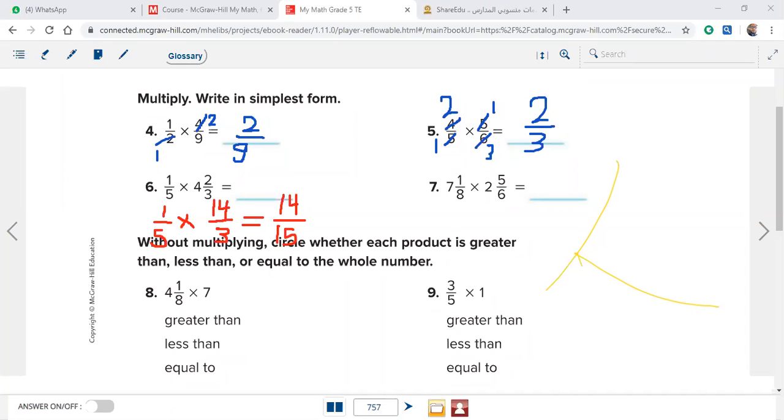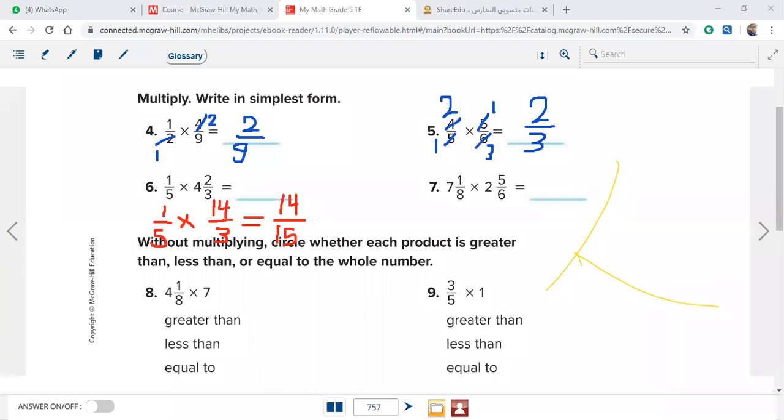Okay, so now I have to simplify before multiplying if there is any common factor. Yes, I found here 6 and 57, both of them divisible by 3. So I can divide 6 by 3 equals 2, and 57 divided by 3 equals 19.